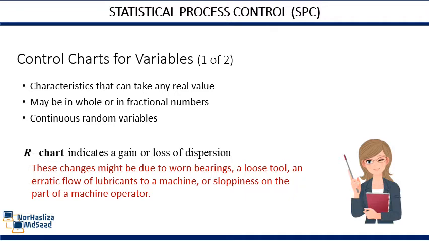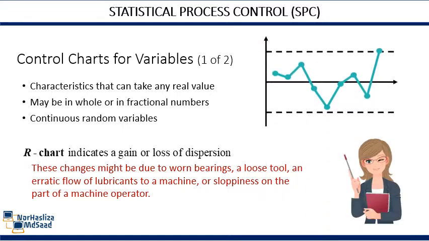The R-chart values indicate that a gain or loss in dispersion has occurred. Such a change may be due to worn bearings, a loose tool, an erratic flow of lubricants to a machine, or sloppiness on the part of a machine operator.